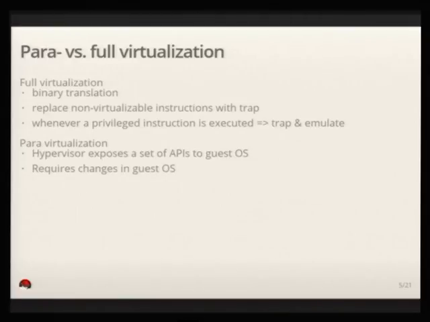When it comes to full virtualization, the hypervisor does something called binary translation, which means it scans the code that it wants to run and replaces all the non-virtualizable instructions with some trap. Whenever a guest wants to run such an instruction, the trap is hit, the control is handed back to the emulator, which will hopefully emulate the instruction and pass the control back to the guest.